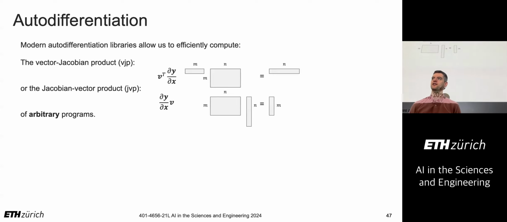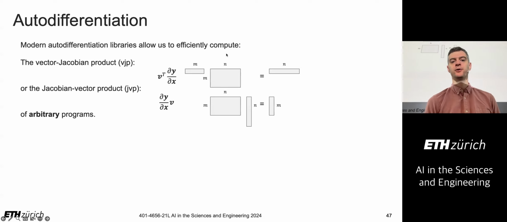So what is autodifferentiation? Now that I've given you that mathematical framework, most programs are vector valued functions, at least scientific programs. What autodifferentiation allows us to do, in PyTorch, JAX, TensorFlow, is efficiently compute two quantities: the vector Jacobian product and the Jacobian vector product.